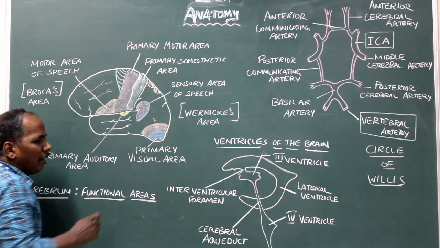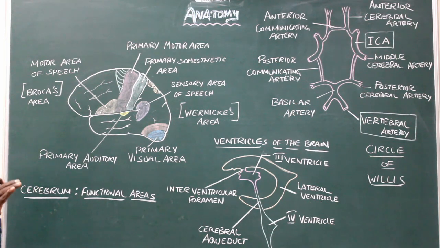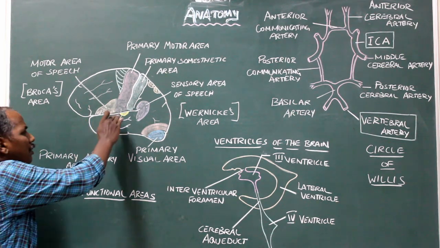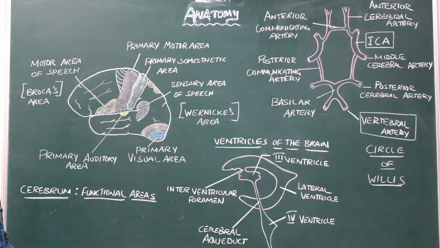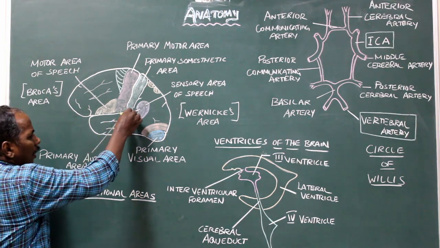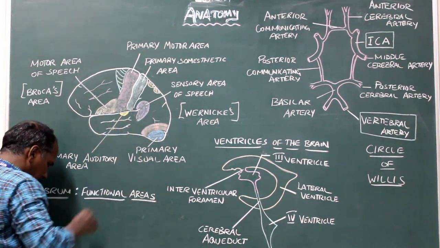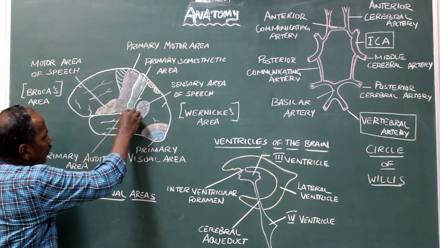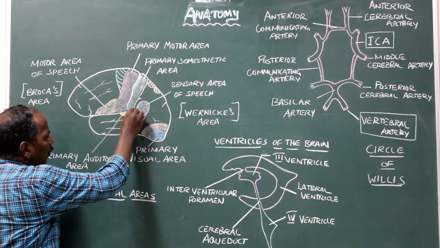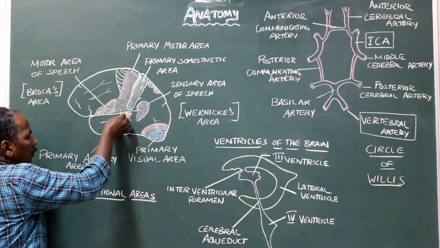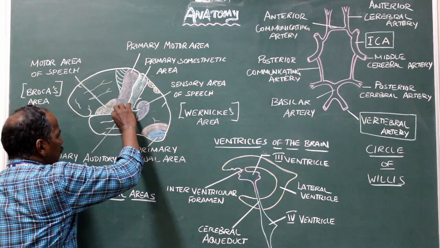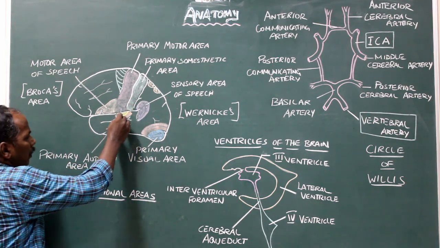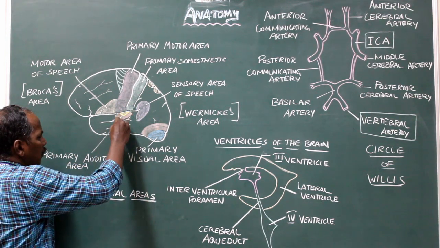The primary auditory area is also present in the superior temporal gyrus, but on the superior surface of the superior temporal gyrus. The secondary auditory area is situated on the lateral surface of the superior temporal gyrus.